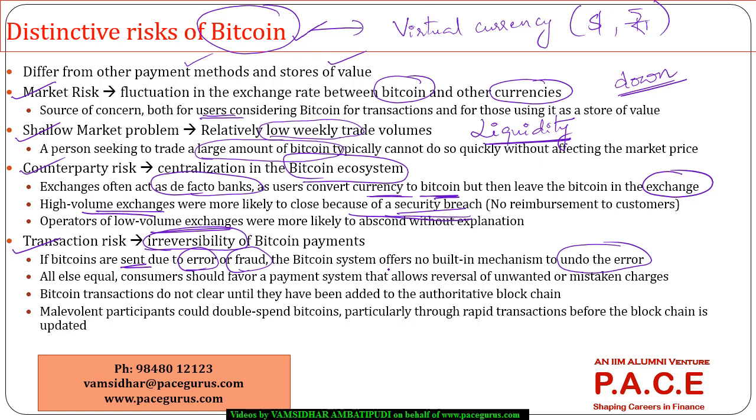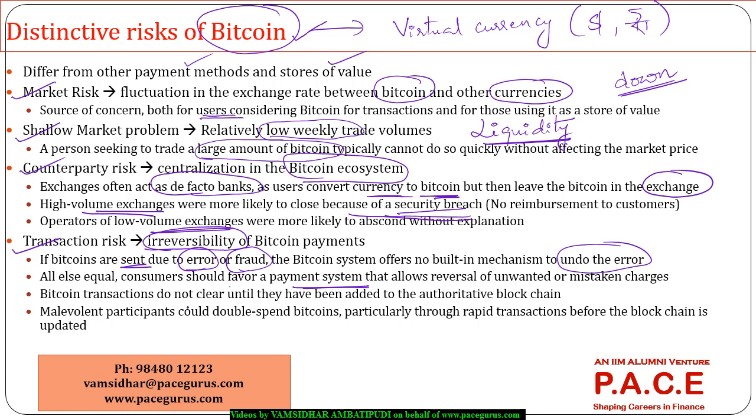If I really want a payment system to be really strong, I should be able to undo the process whenever something has gone wrong. So consumers obviously will favor a payment system that allows the reversal of any mistake being done. Unless again manually we intervene into the system and make the necessary correction, it's not happening. The correction does not happen in a smooth manner.